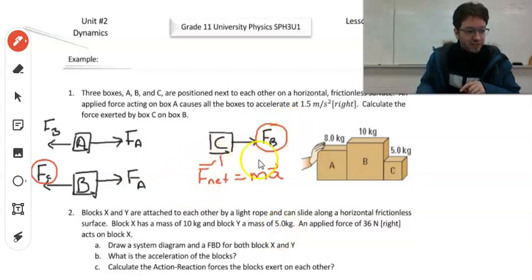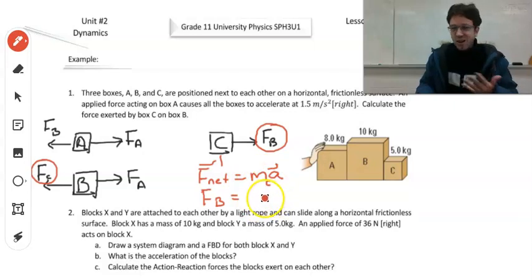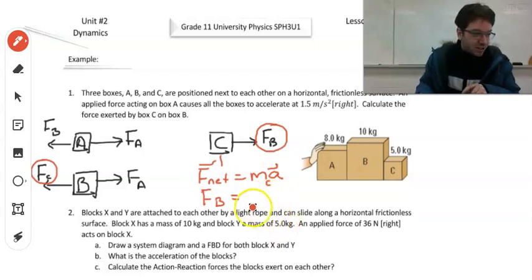There's only one. Okay, FB. And that's going to equal mass, and I should specify this as mass for block C, because that's the block we're actually applying Newton's second law to, equals mC times a.